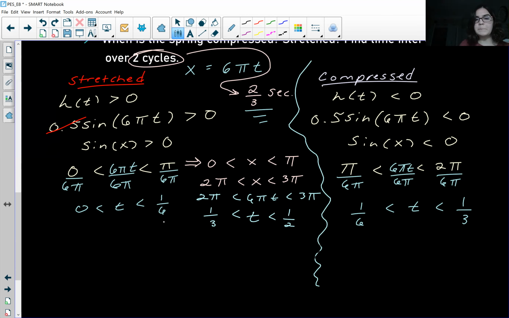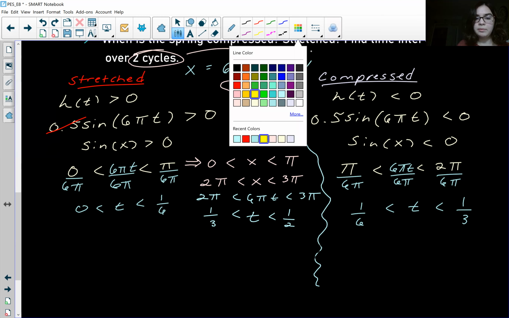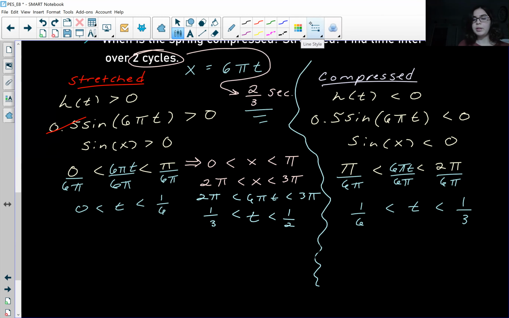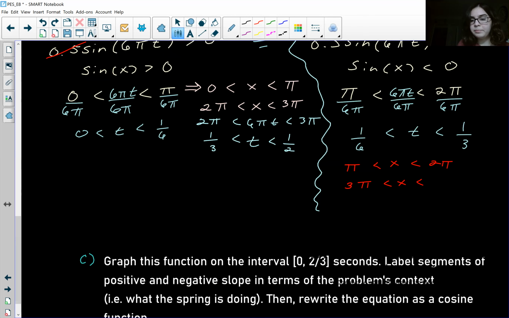So then we got to do it again on the other side. So originally we had x was between pi and 2 pi. x is now going to be between 3 pi and, adding 2 pi again, 4 pi. Okay, and then I'm just going to spoil it.